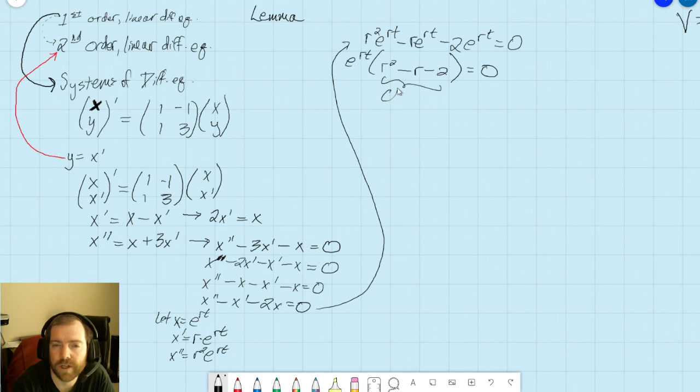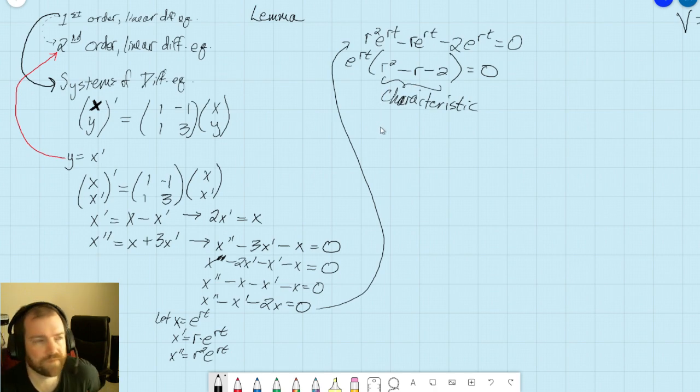This is what's called the characteristic equation. And here we just have to solve it like a regular quadratic. So this is going to be e to the rt, which technically we don't need at all, times r minus 2 times r plus 1.